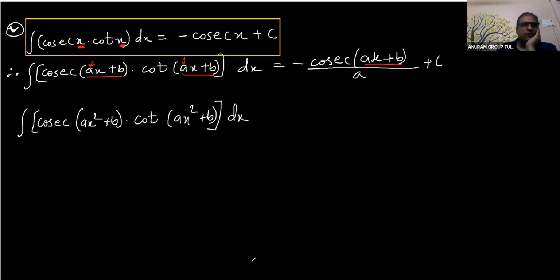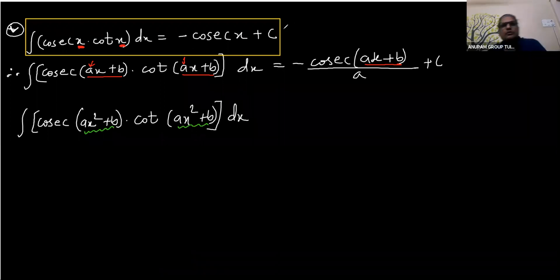My question is, what would happen if I replace x by ax square plus b? See, this time I am not replacing in the definition. This one which I enclosed in the rectangular box is by definition. Now in the definition, when I'm replacing x by ax square plus b, this is very important. I'm not replacing it by linear algebraic in x.